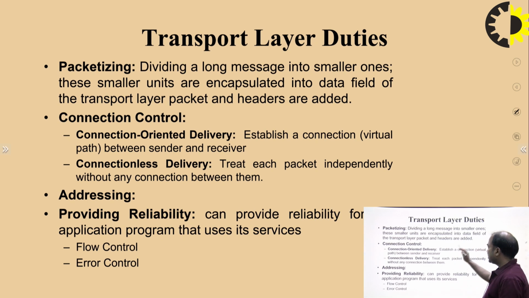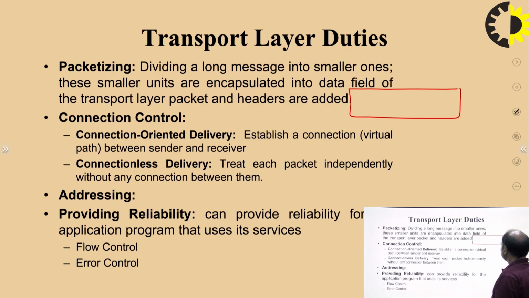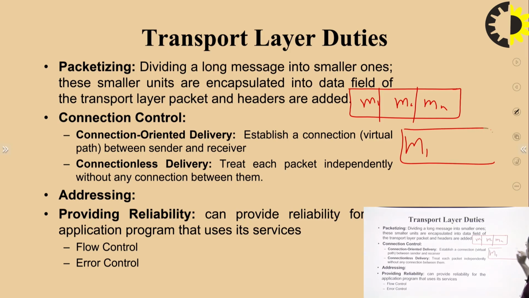In packaging we divide a long message into smaller ones. Suppose this is message 1, this is message 2, message 3 and so on, message n. We take message m1 and make an encapsulation of this message plus some headers.